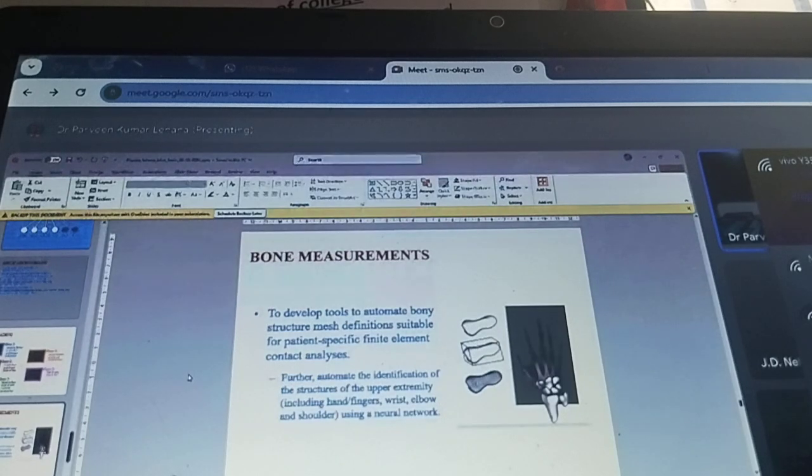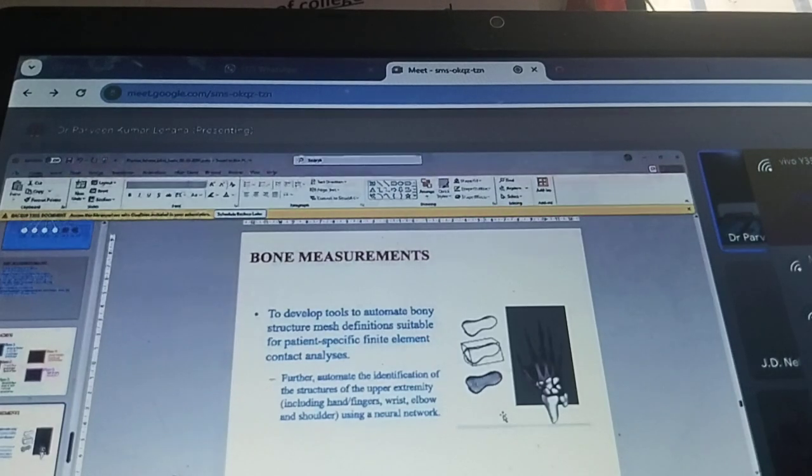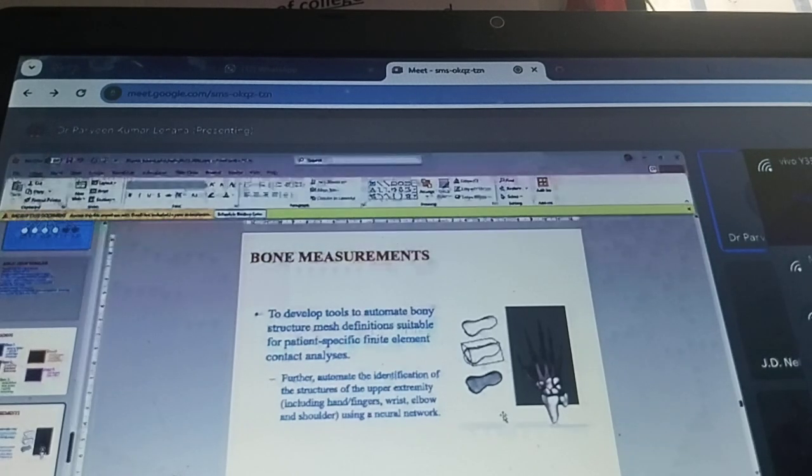And similarly, in medical science, neural networks can also be used for developing very highly accurate bone figures. The neural networks can be trained on the shape of the bones, the shape of the structure of the hand or leg or any part we are investigating.